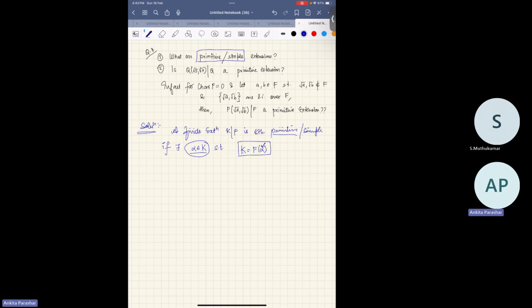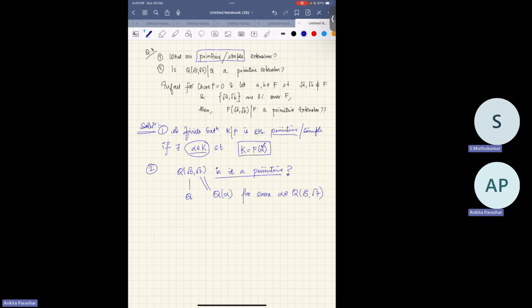All right. So I think the idea is clear. Now looking at the second part, Q(root 5, root 7) over Q, is it a primitive extension? Can you write this as Q(alpha) for some alpha in Q(root 5, root 7)?